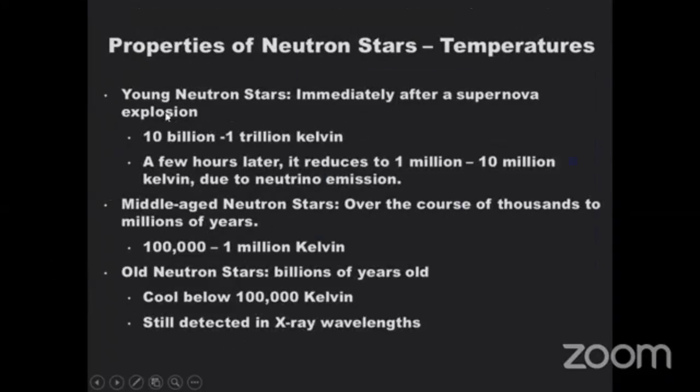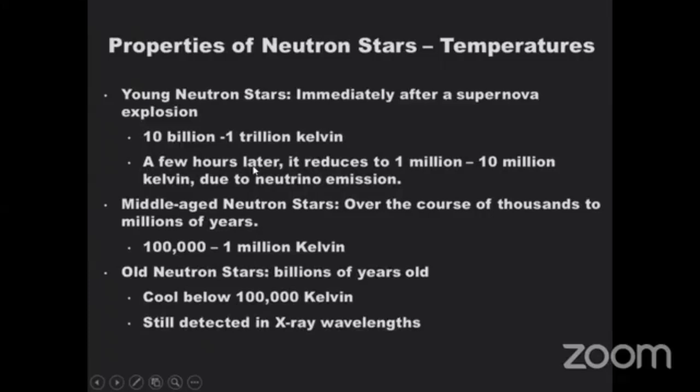How about the temperature? For a newly formed neutron star, I mean a neutron star after exploding in a supernova, the temperature after the explosion is around 10 billion to 1 trillion Kelvin. That is insane.